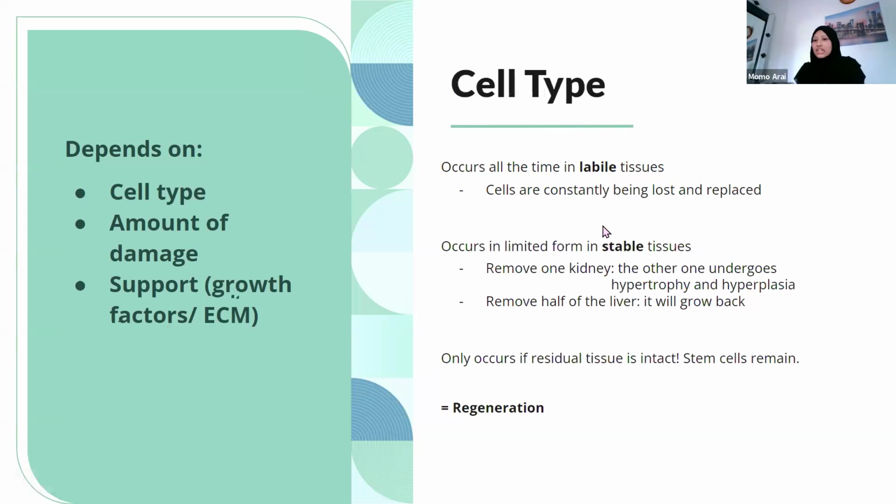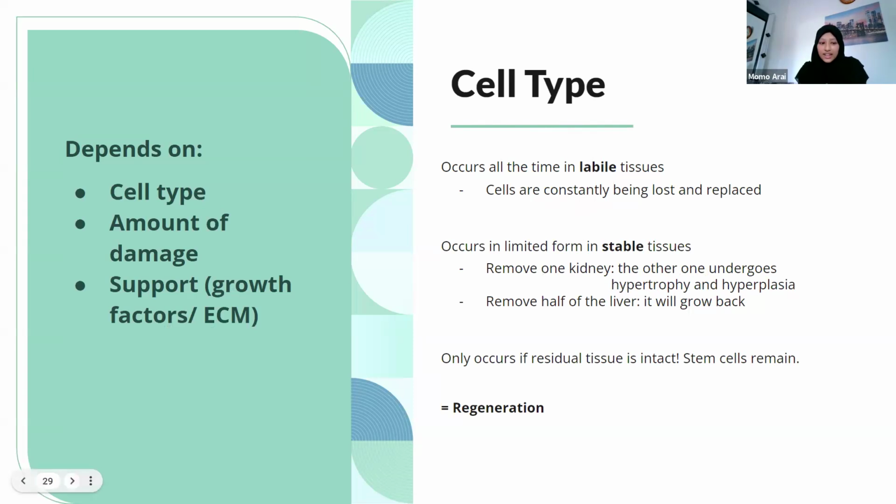He gave you some examples, kidney and liver. Regeneration happens for these two because they have stem cells. In the case of stable tissue, even if a part of it is cut, there are remaining cells that can make up for the injury.